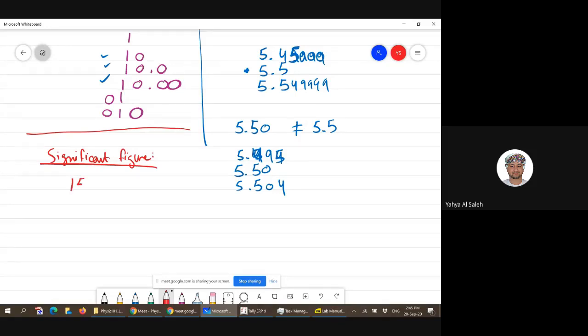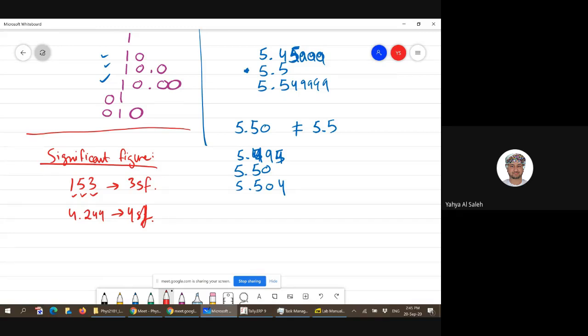This number 153 has 3 significant figures. 1, 2, 3. This number has 4 significant figures. So any number that is non-zero is significant.